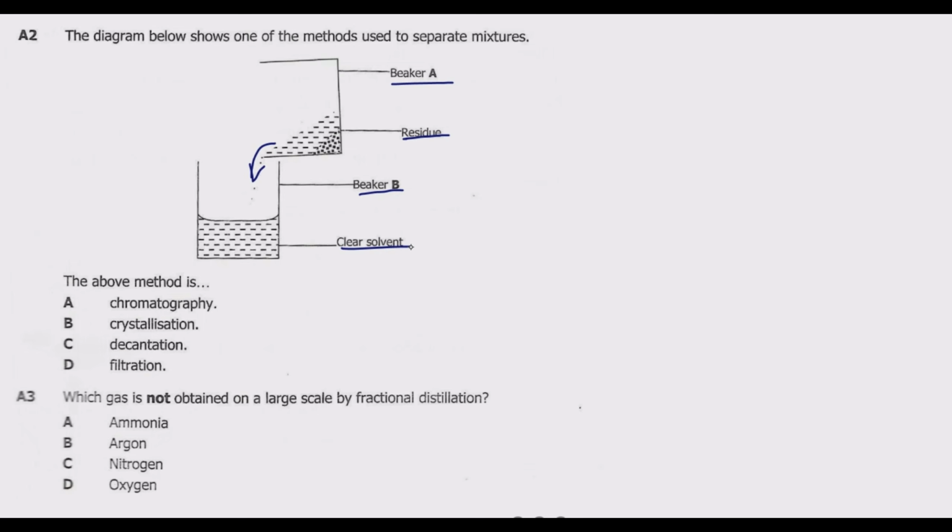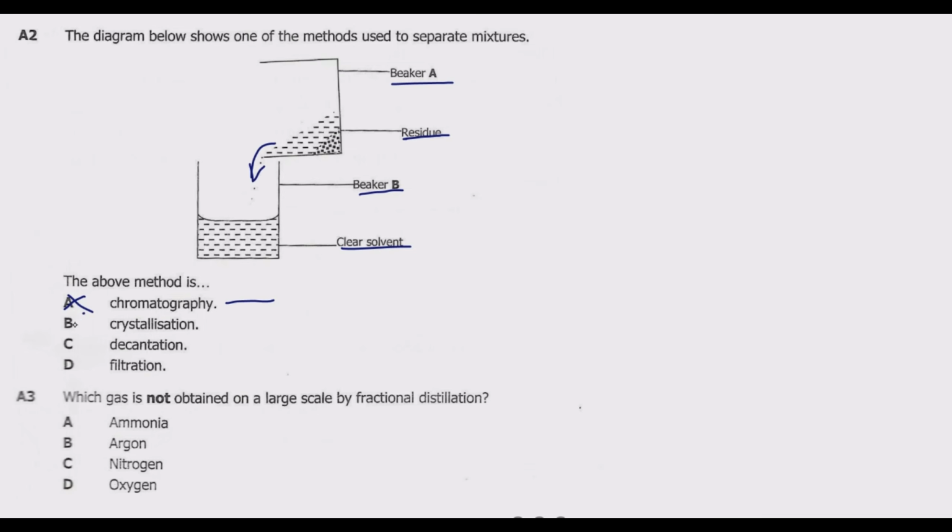Chromatography. Chromatography is used to separate inks depending on their solubility. So A is incorrect. B, crystallization. This is not crystallization because we are not told that what is in beaker A and beaker B are sublimates or undergo sublimation.